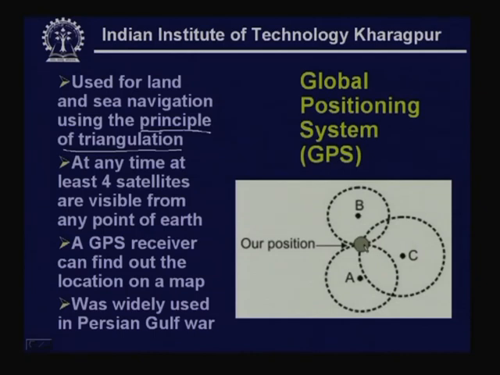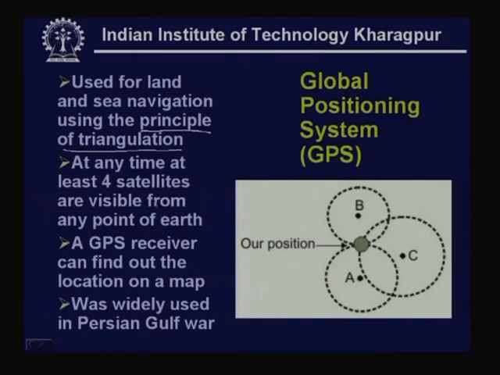It can be proved that if these 3 positions are known, the unknown position can be identified with the help of a suitable device. So, that is being done with the help of a GPS receiver. So, by time stamping, the signal is sent to A, B and C, and the delay is measured, by which the distance of A, B and C is measured, and then the point at which these three circles coincide, that is the exact position.